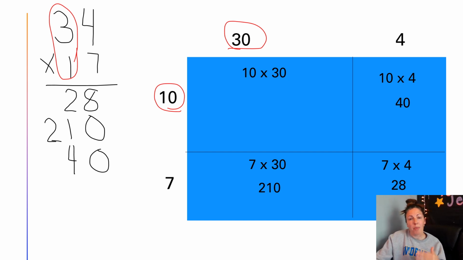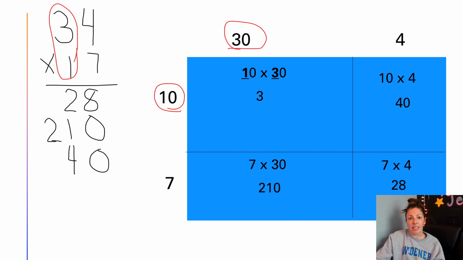So when we do that, again, 10 times 30, those numbers seem a little bit bigger than we're probably used to, but remembering that we already have the strategy and the tool in our minds of mental math, we can do this problem super easily. So the very first thing that I'm going to do is see that I have a 1 times 3, which I already know is 3.